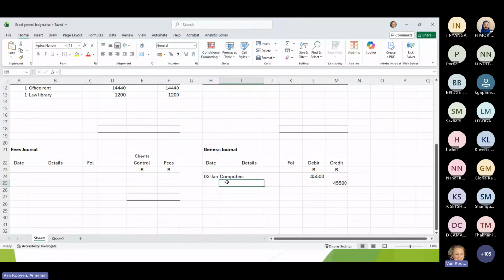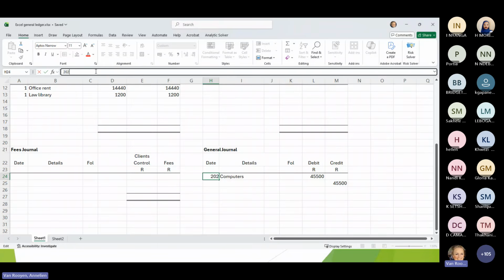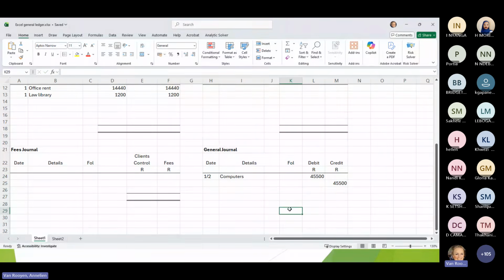So what goes, this looks weird. It's on the 1st of February. What is on the trade and other payables? Because we still owe them money. Okay, we owe SA Computing money.